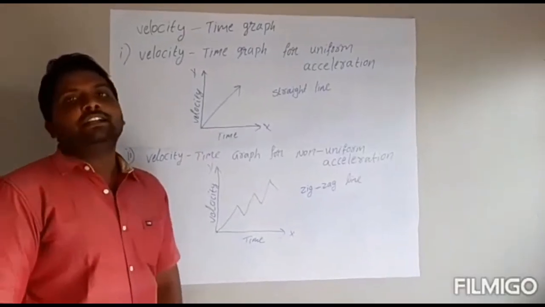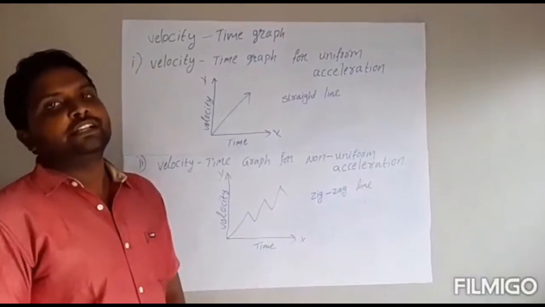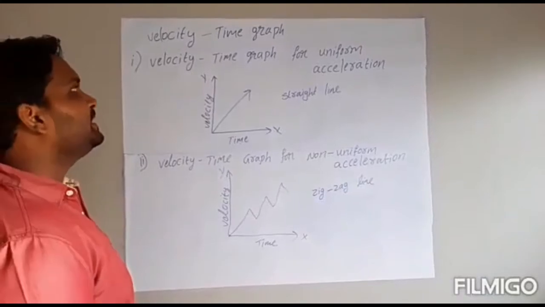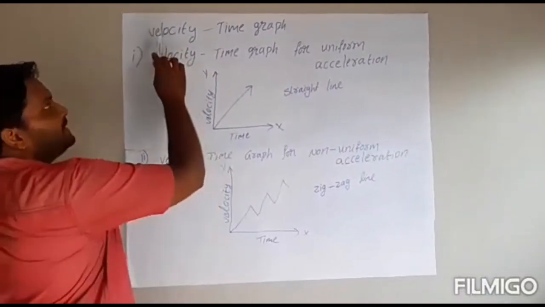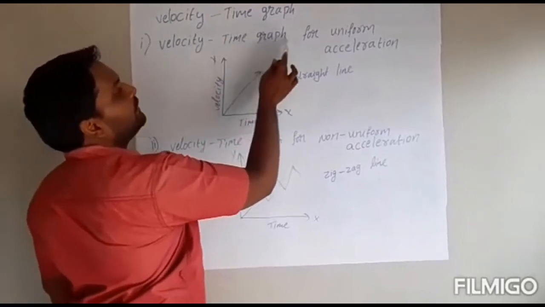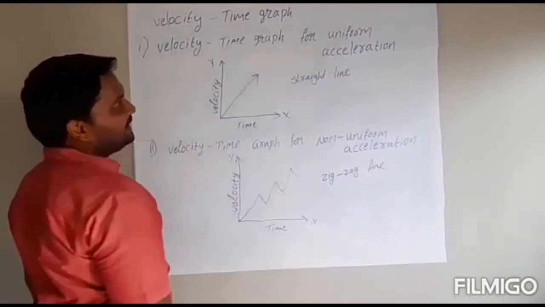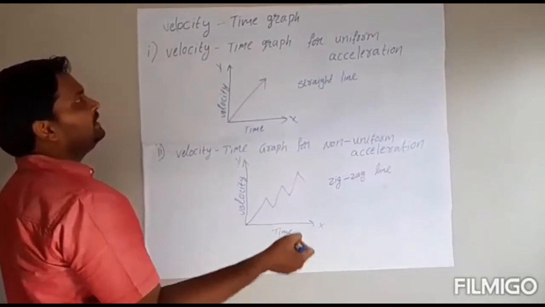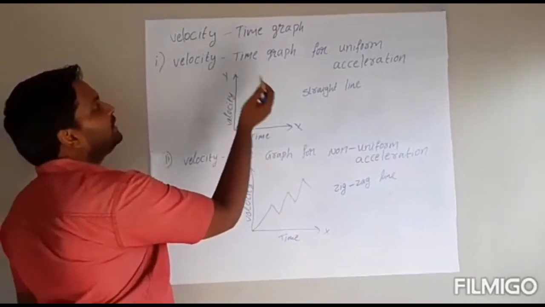Previously we saw the graphical representation of distance and time. Now we will see the graphical representation of velocity and time. Velocity and time graph for uniform acceleration. When the object was in the uniform acceleration, then how was the graph?